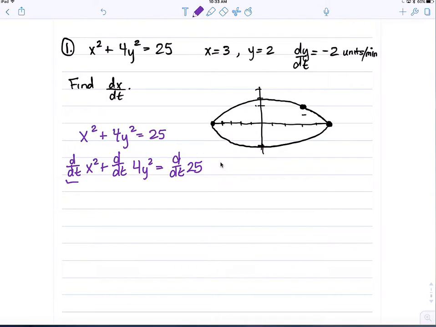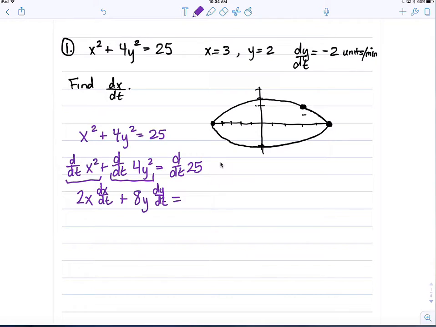What is the derivative of x squared? 2x, but what do we have? That's d/dt, so 2x dx/dt. Plus, now let's do this term. What's the derivative with respect to time of 4y squared? 8y dy/dt. Good.